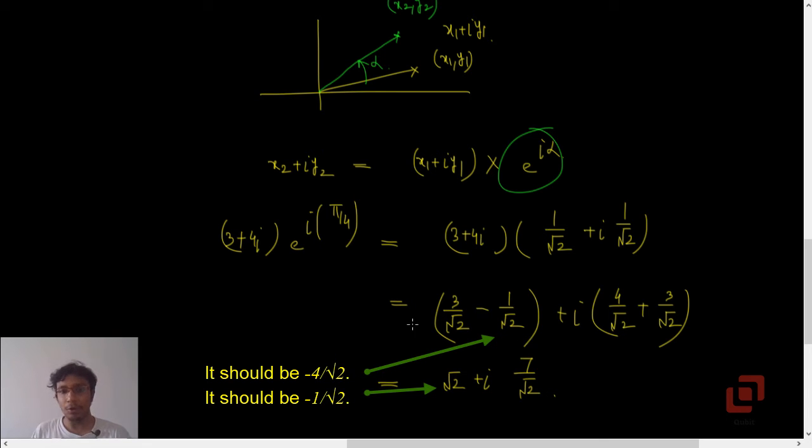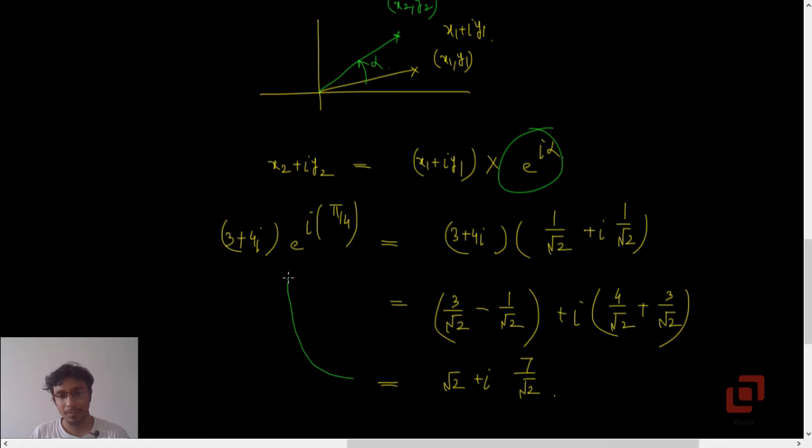So similarly you can rotate your radius vector through any angle theta. You can easily find the coordinates of the new point with the help of the Euler's formula. All you have to do is just multiply the given point by e to the power i theta.